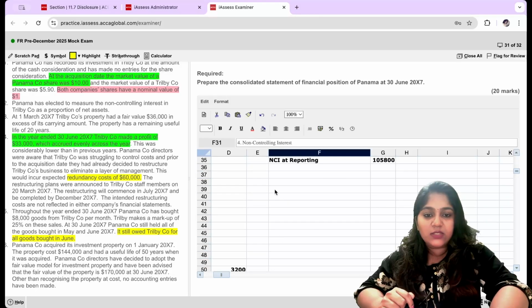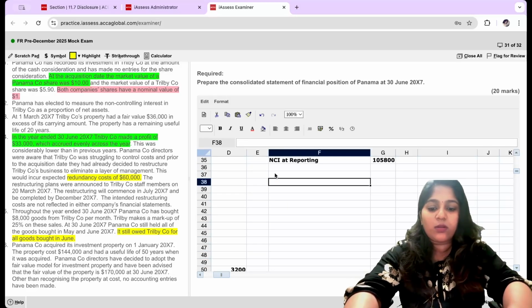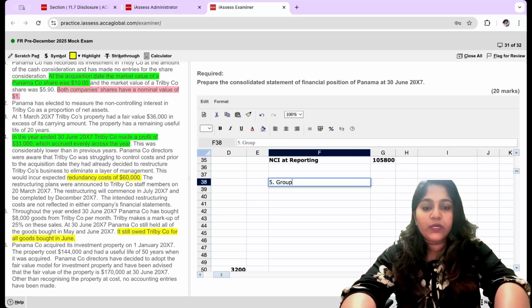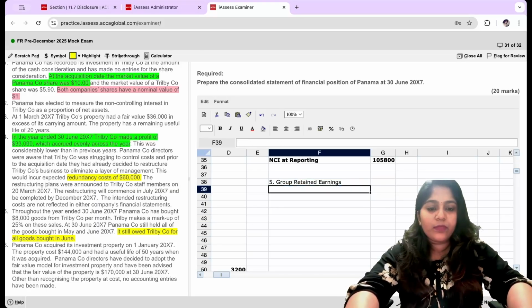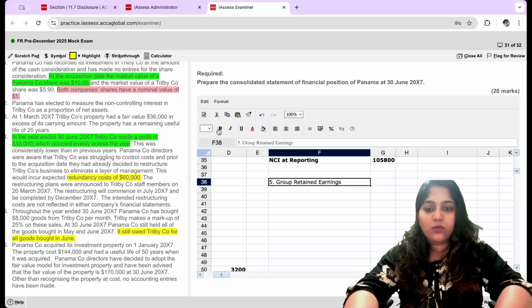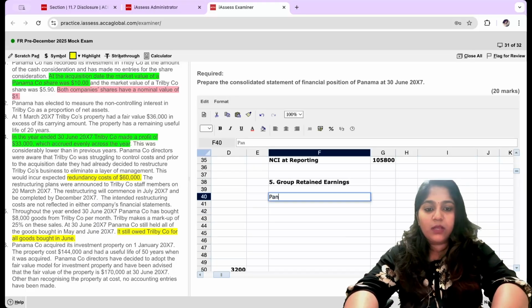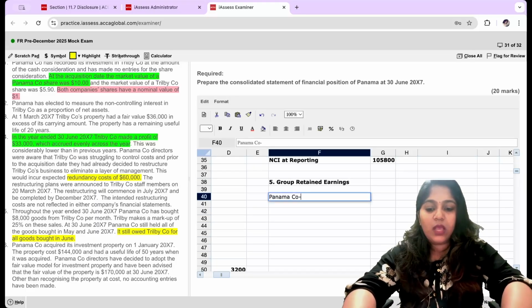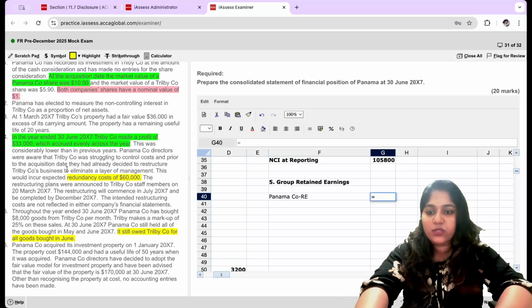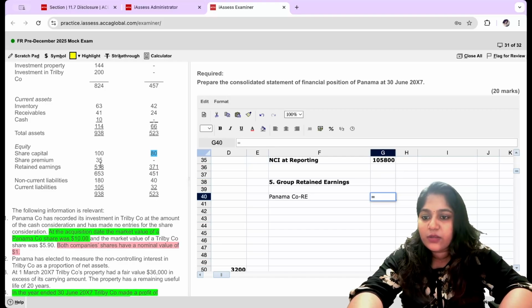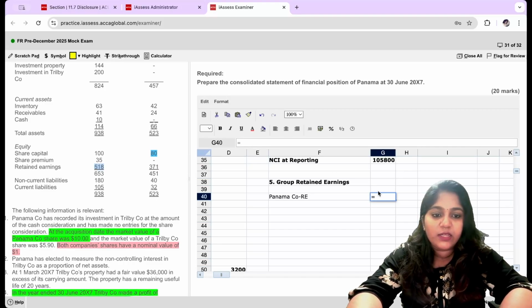Then comes the last working note for us, which is working note number 5, group retained earnings. So we'll start with Panama company's RE as per the books. What is the retained earnings according to the books? If you can see, it is $518,000.